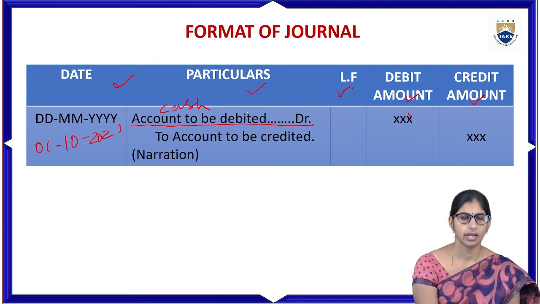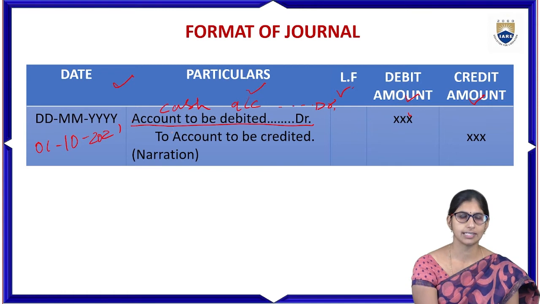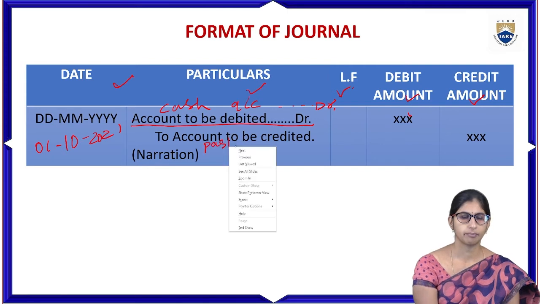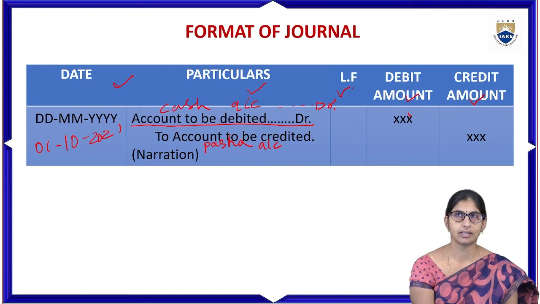So we write cash account Dr., which stands for debtor, to, for example, Pasha account. So this Pasha account is credited. Here we write the debit amount, the debit account, and here we write the credit account.